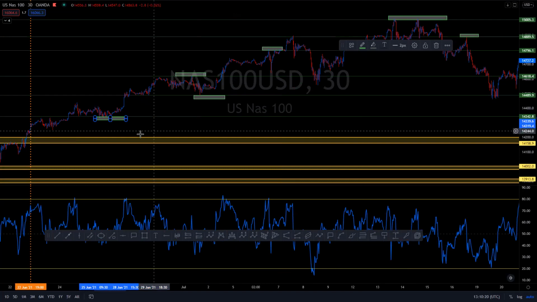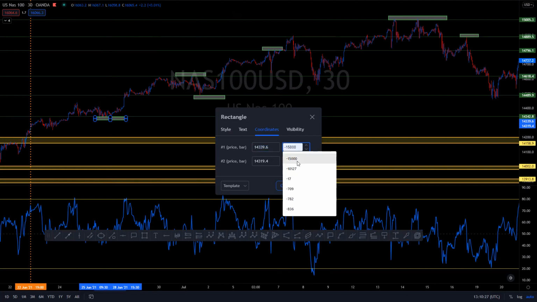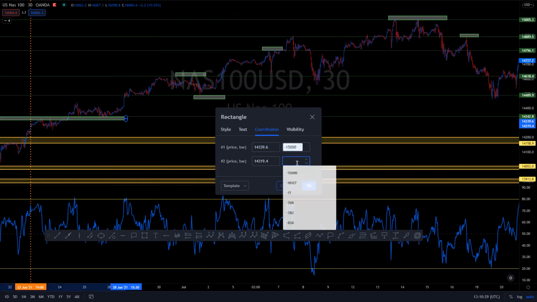Yep. So now I'm going to start changing the coordinates to these, and then we'll move on to the 1 hour. Hopefully my computer doesn't run out.